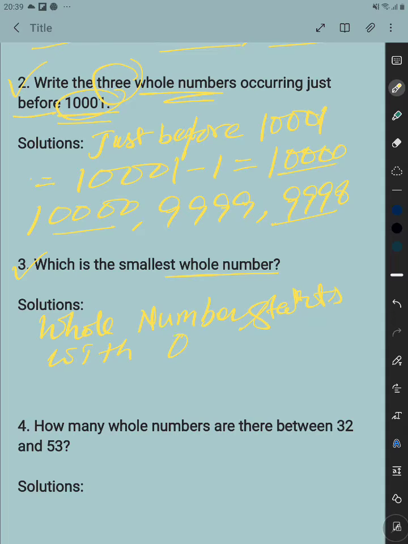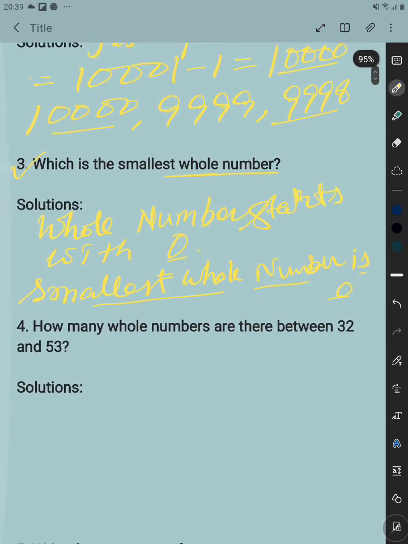This is 0. So what is the smallest whole number? It will be 0, because there is no whole number less than 0. So the smallest whole number is 0. You need to write it like this.